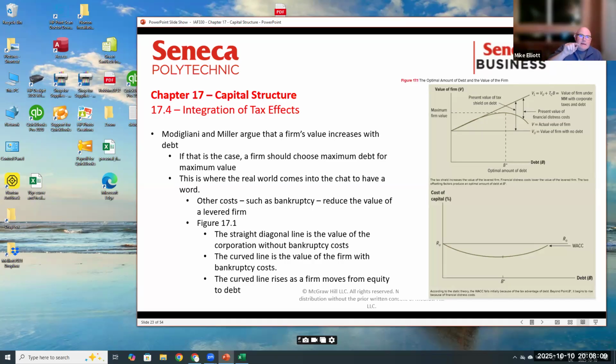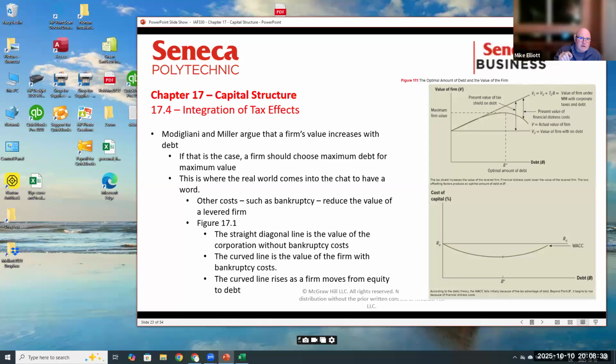Now, if we agree with Modigliani and Miller and all those caveats are held, then a firm should choose maximum debt to maximize value. Maximum debt increases the risk, increases the return, maximizes their value. Now, this is where the real world comes in to have a chat and taps you on the shoulder.